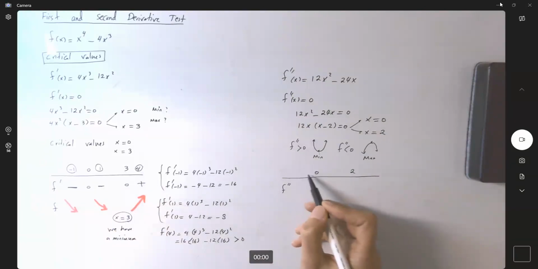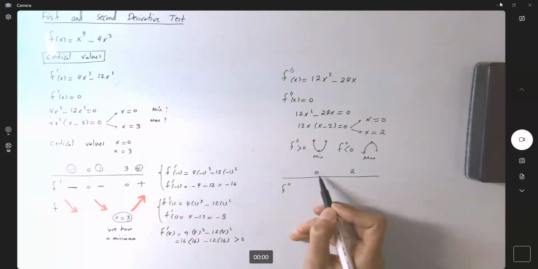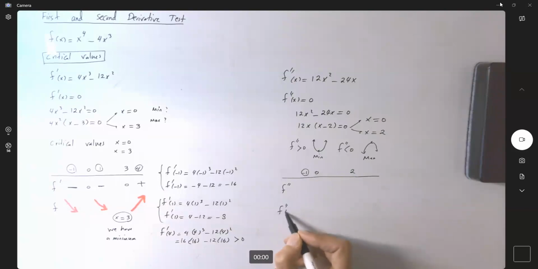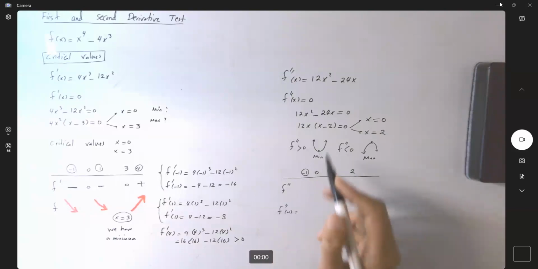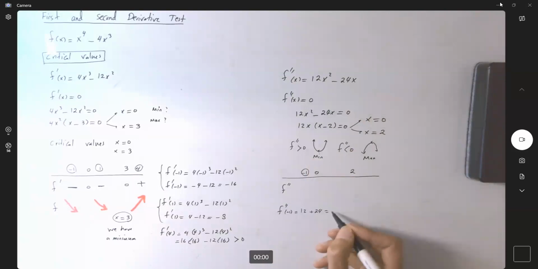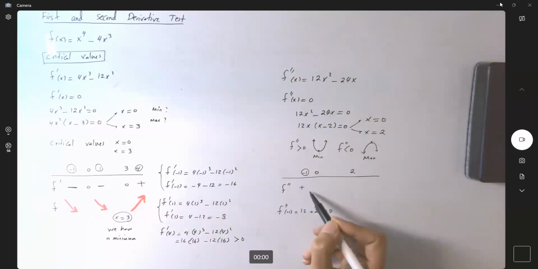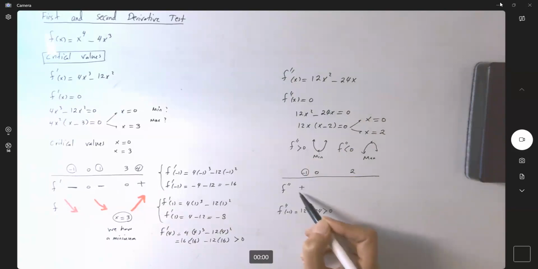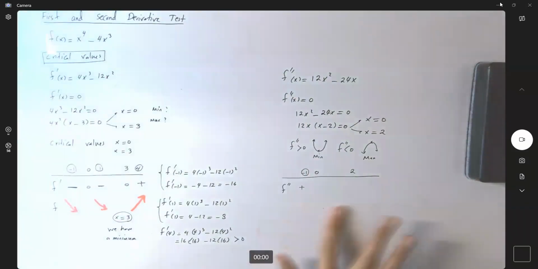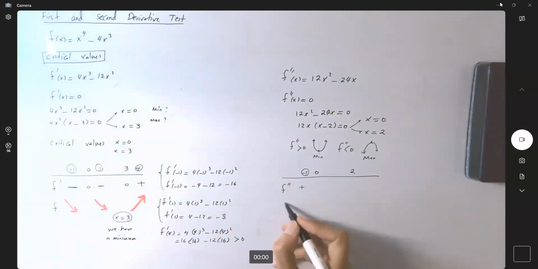If I use a small negative number around 0, like -1, the sign of the second derivative is 12 plus 24, which is of course a positive number. It means that the graph concaves up. That's the behavior of your function.